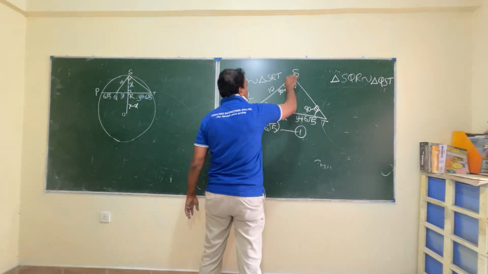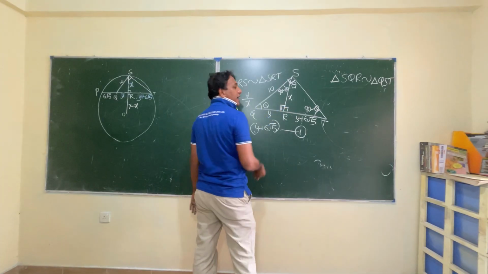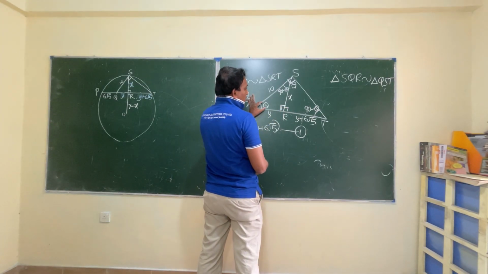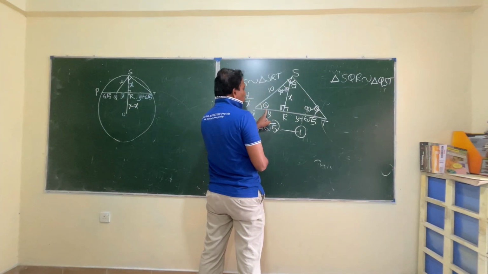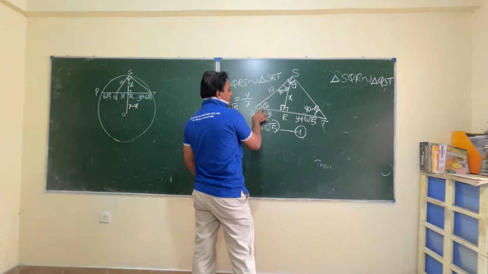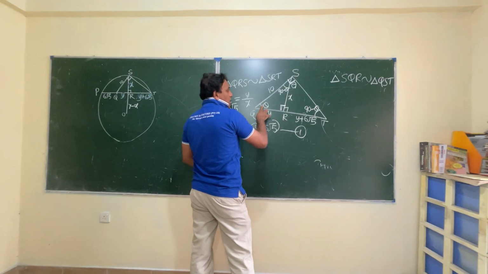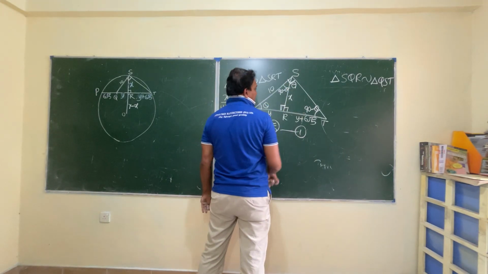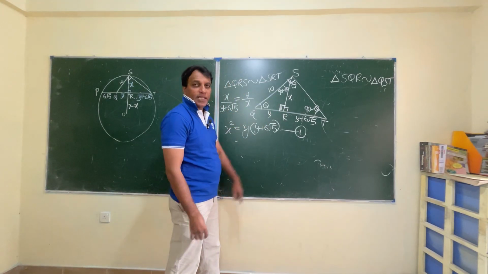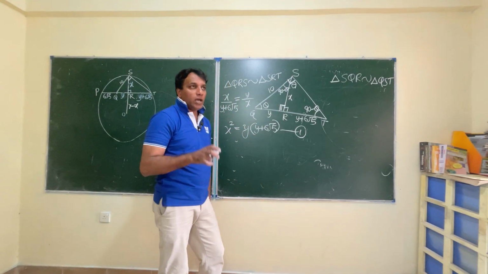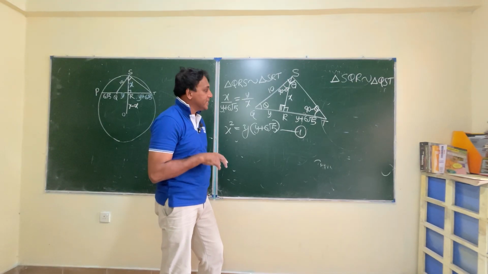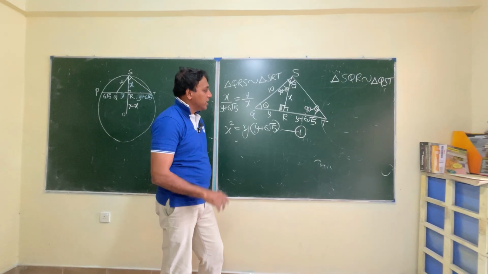The big one here 90, small one here 90. The big one here theta, small one here also theta, common. The largest triangle here theta, here 90. Small triangle here 90. So the third angle is this. In equiangular triangles, corresponding sides are proportional.